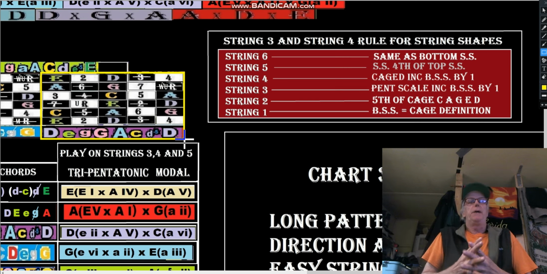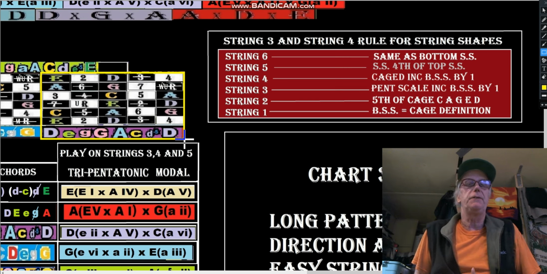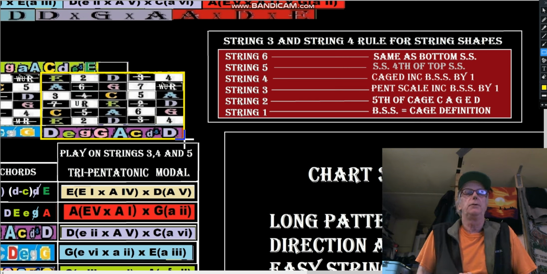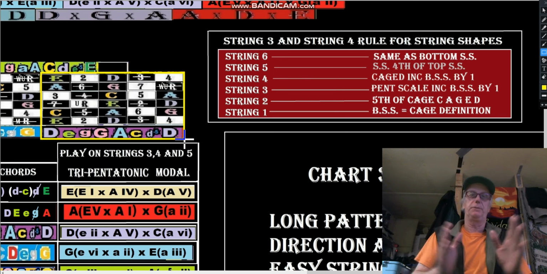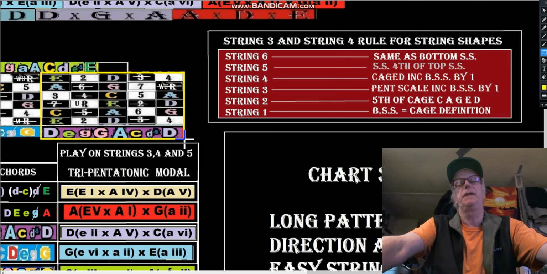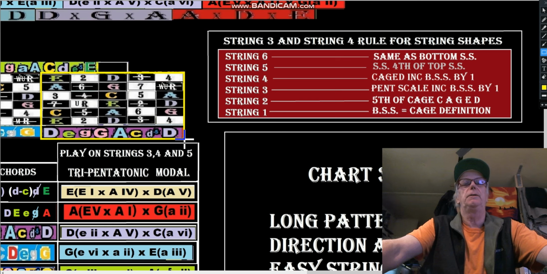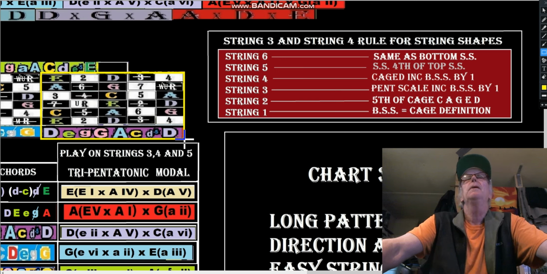Because with the long patterns, we definitely have to identify the short patterns within the long patterns. We still are going to use the cage system with the long cage system. So the long cage system encompasses the short cage system within it, but not obviously. Certainly part of it is exactly the same. So we'll talk about that.